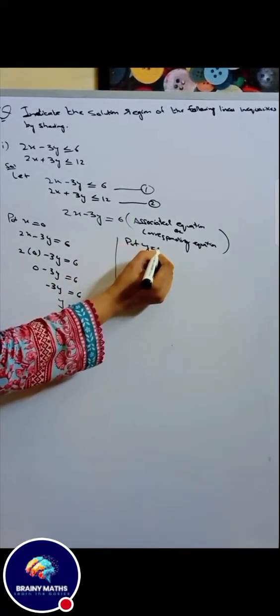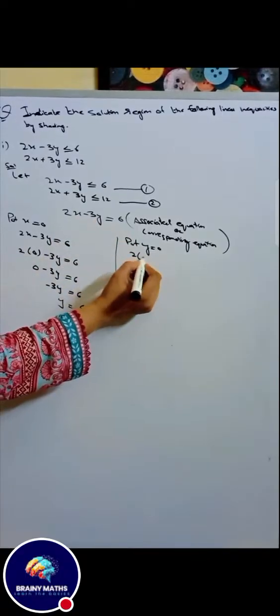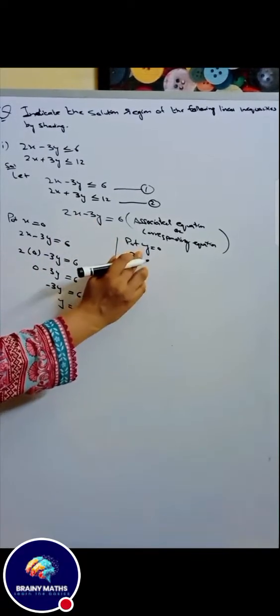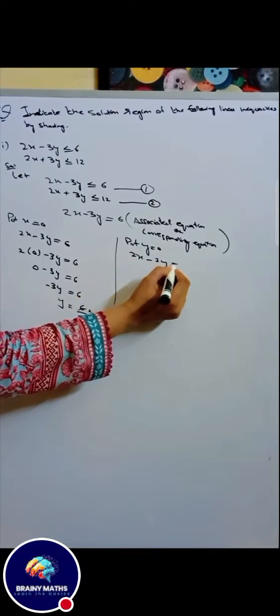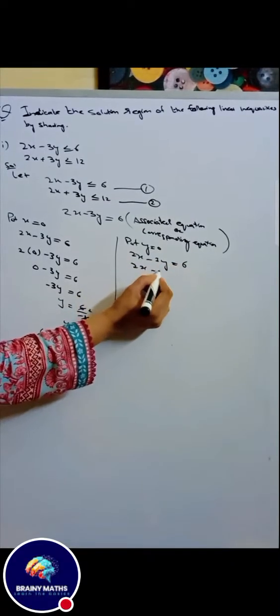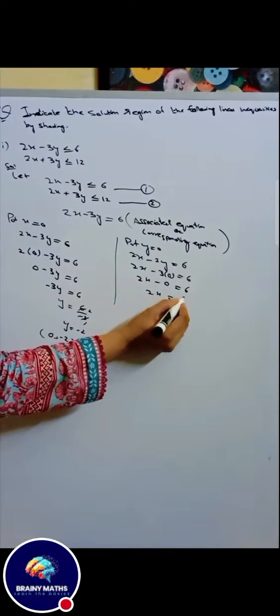Alright, now move to next. Put y equal to 0. Write it down first: 2x minus 3y equals 6. 2x minus 3 into 0 equals 6. 2x minus 0 equals 6. 2x equals 6.